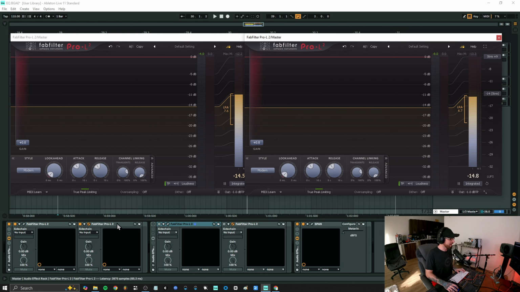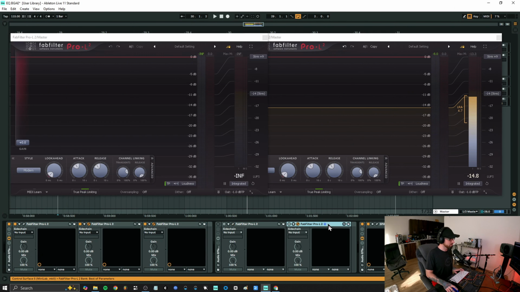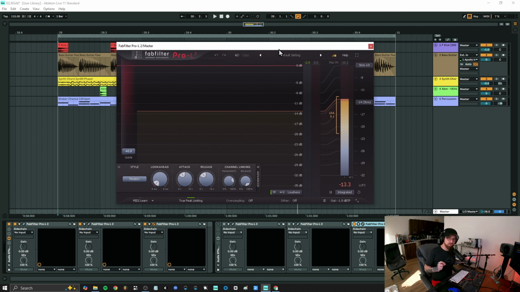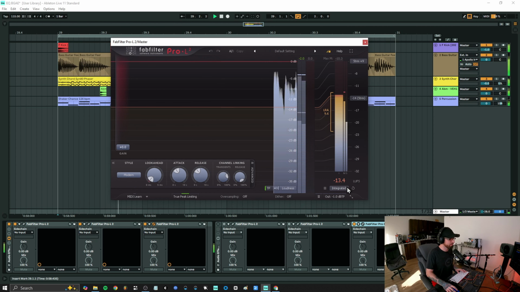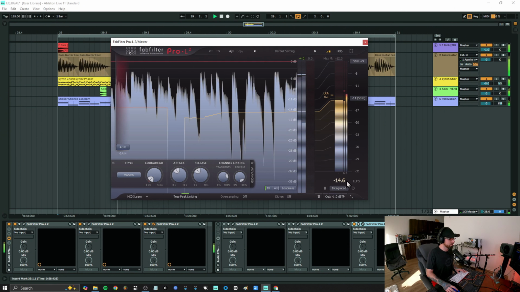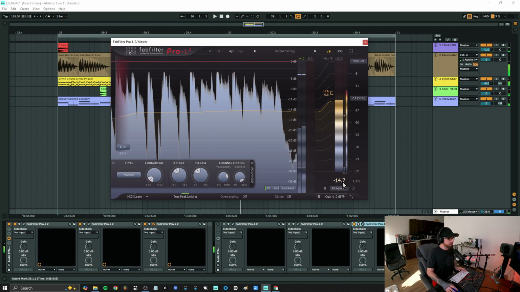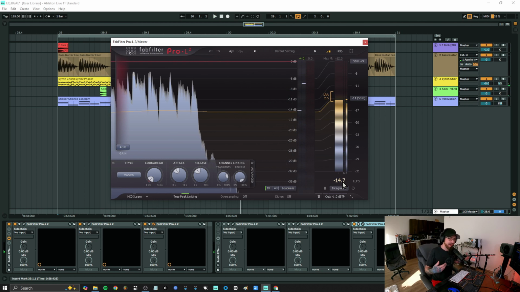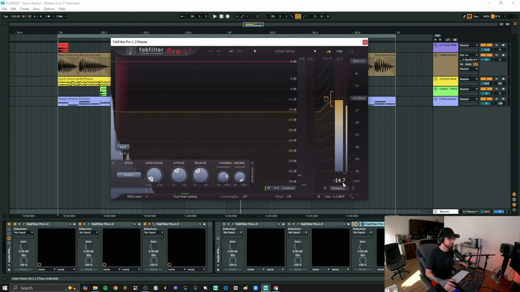Well, let's add yet another limiter to each one of these. So if you remember, the track that we didn't limit heavily was around negative 11.5 LUFS. And then Spotify went and turned it down to negative 14. So now we're left here. So this is our track after Spotify has reduced the level.